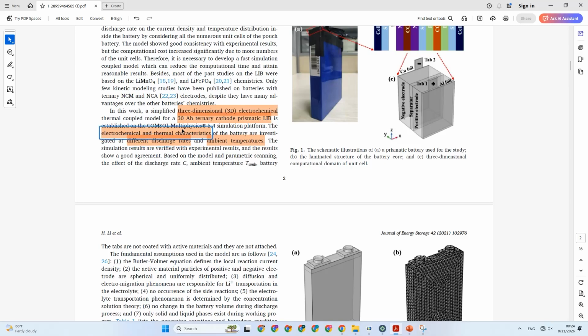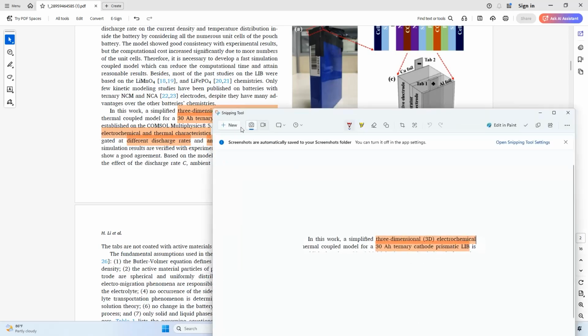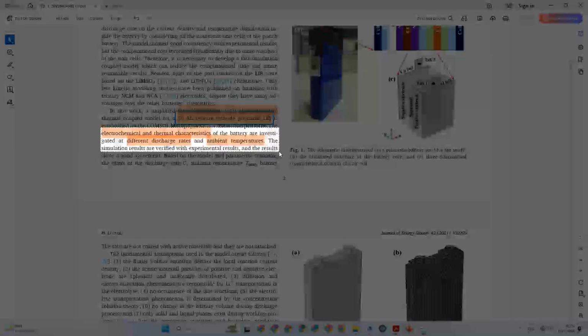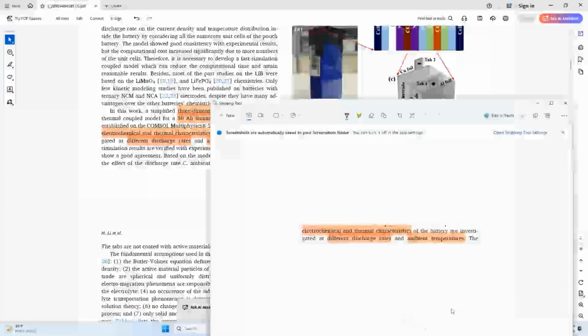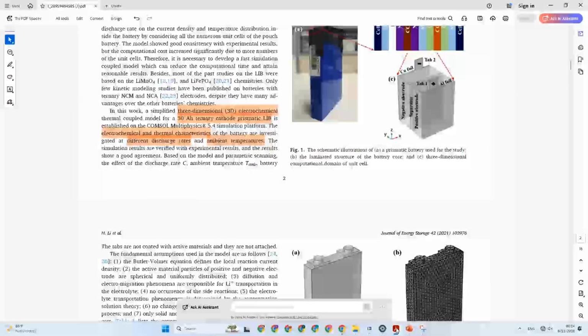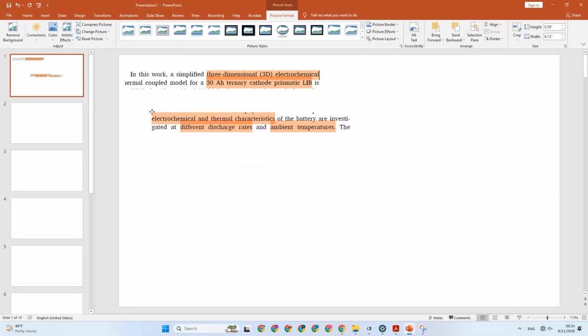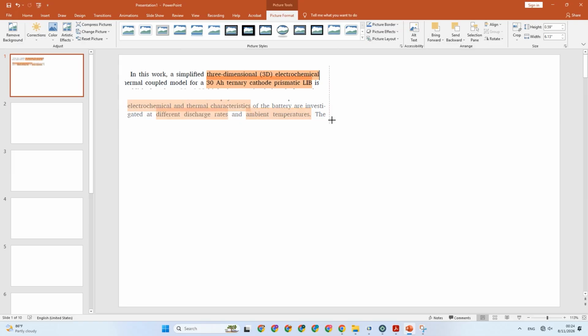Let me bring these screenshots. This is so important when you start the simulation: bring the results of your simulation and compare with a similar experiment.